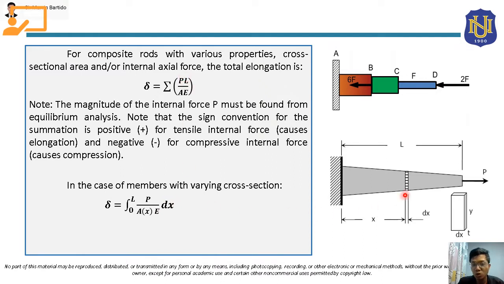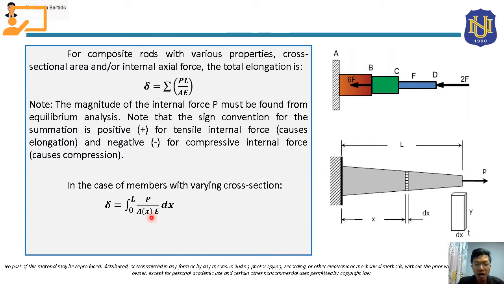So we are just going to sum up this differential dx, differential x, from 0 to L. That's what integration means, right? This is actually summation. P here actually is constant, given that it will be constant all throughout the length.